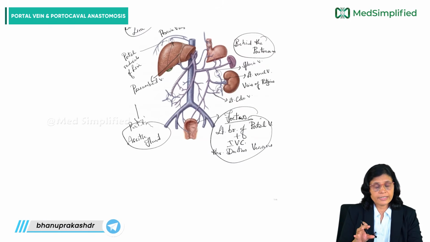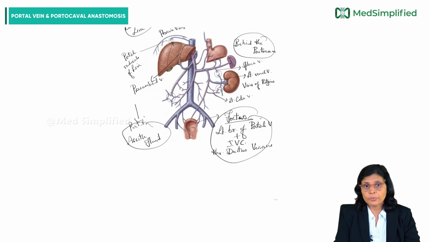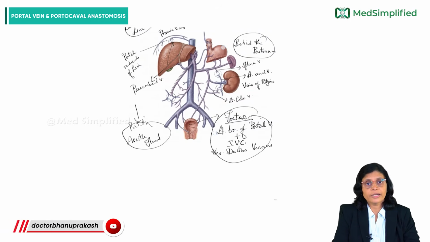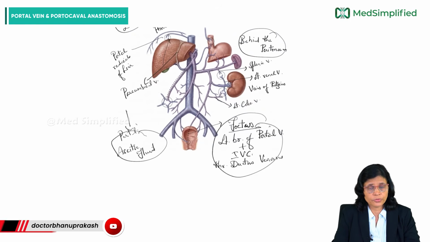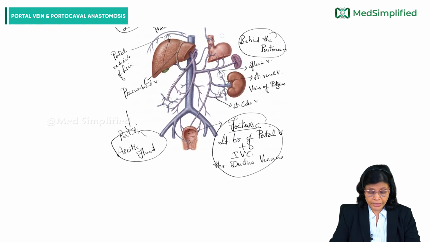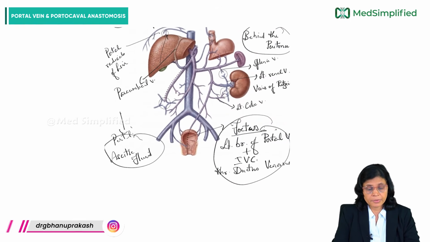So when there is ascites in portal obstruction, it is an index of failure of anastomosis between the portal and the systemic veins. Ascites is always associated with portal hypertension with the failure of portal and systemic anastomosis. In those cases, sometimes the esophageal varices will rupture, producing hematemesis.